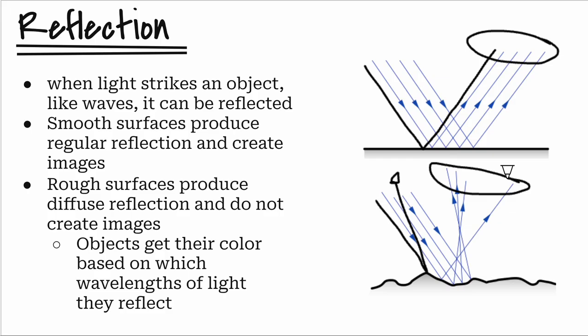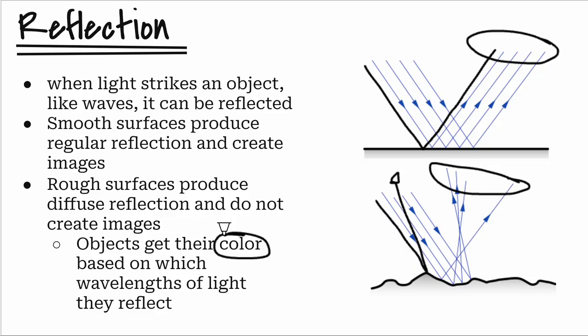However, the light is still being reflected to your eye, and so your eye can interpret some information, and what it can tell you is what wavelength of light was reflected to your eyes, and that is what our brains interpret as color.